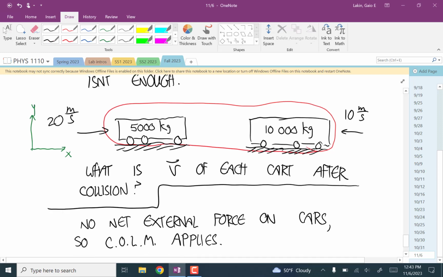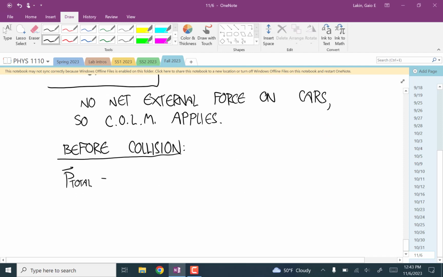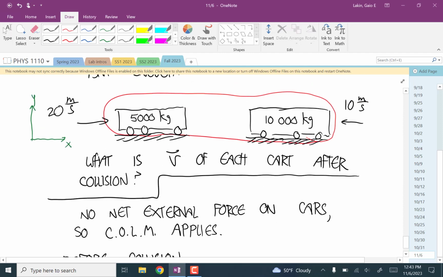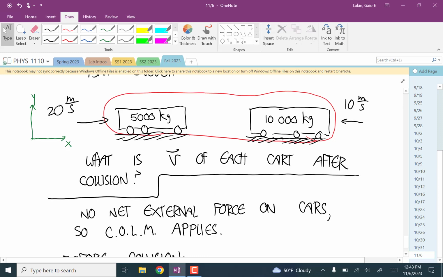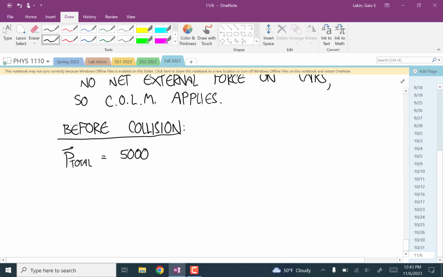For the 5,000 kilogram cart, is that 20 meter per second velocity in the positive x, positive y, or negative y direction? Positive x, so this is going to be 20, 0.